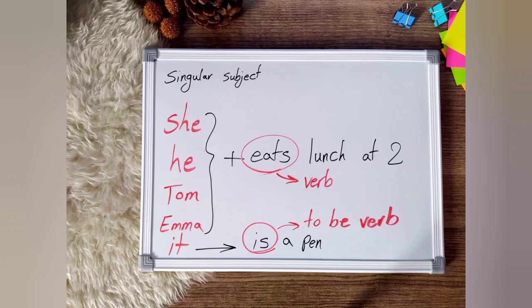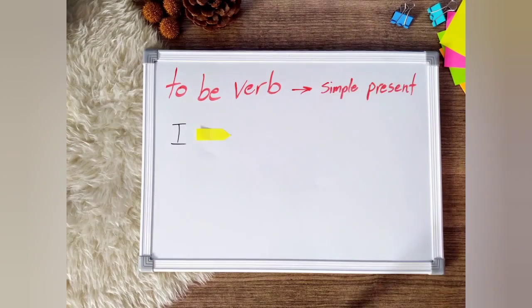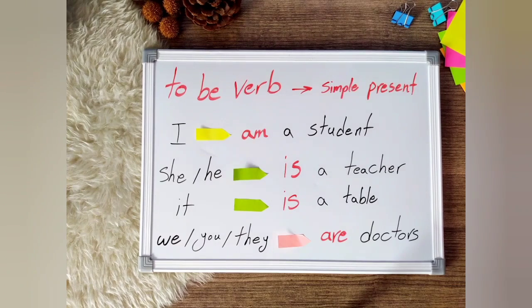So here we have a to be verb. If you have a to be verb in a sentence, that's another story. I am a student. Am is the to be verb for subject pronoun I. She is a teacher or he is a teacher.